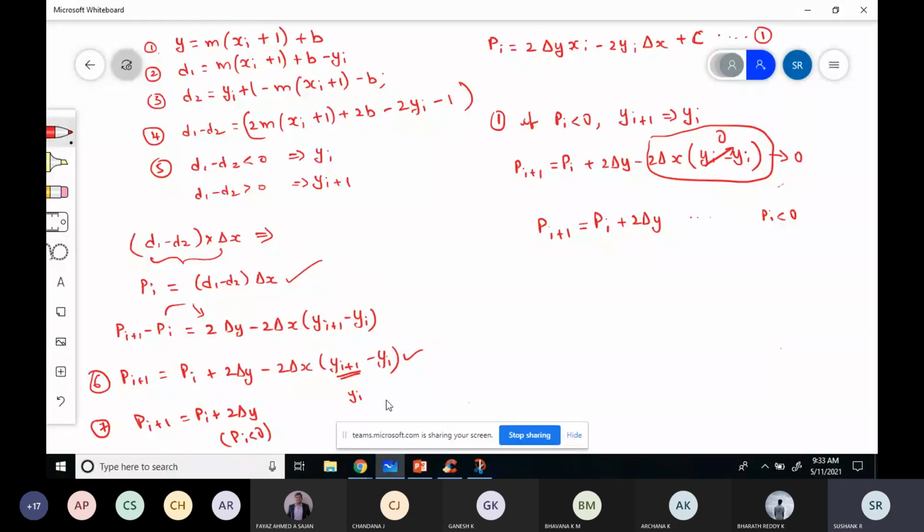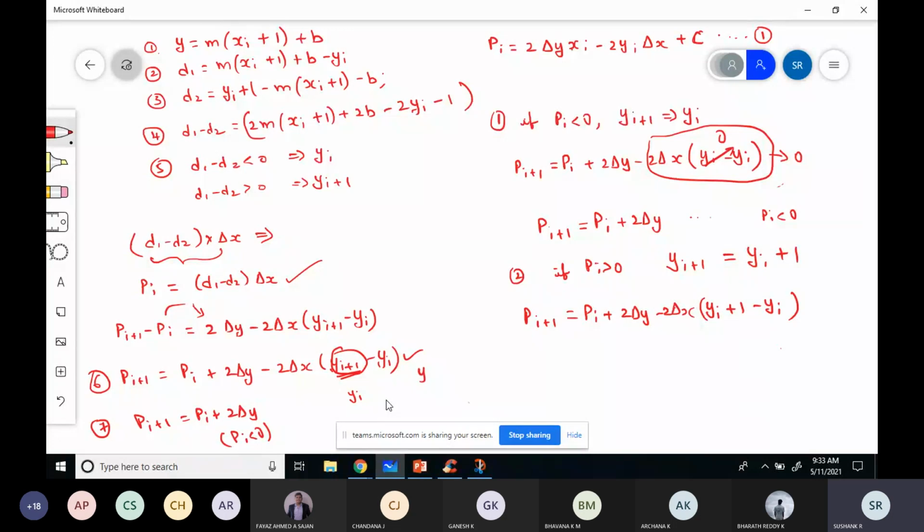So, second point, if p_i is greater than 0, replace y of i plus 1 with y_i plus 1. Again, using the same equation, p of i plus 1 is equal to p_i plus 2 times delta y minus 2 times delta x into y of i plus 1, which will be replaced with y_i plus 1 minus y_i.